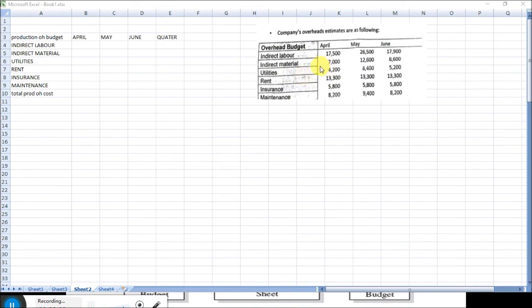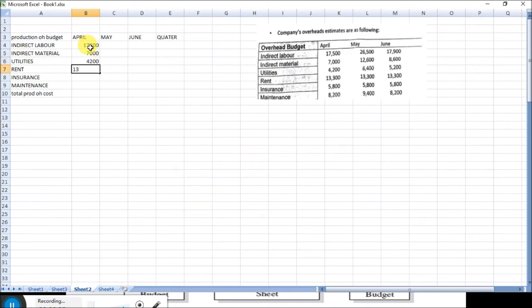For this, in the question, the direct data is given on the production overhead cost that the company incurs. We just have to put these numbers in the table to get the overall production overhead cost. Let us do that. For the month of April, the indirect labor cost is 17,500 and indirect material is 7,000. Utilities is 4,200.